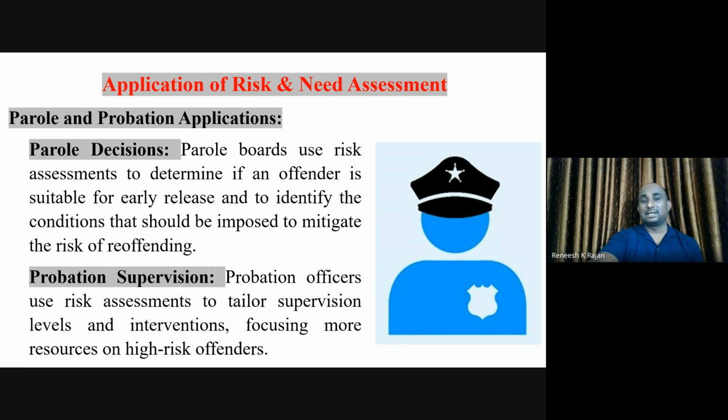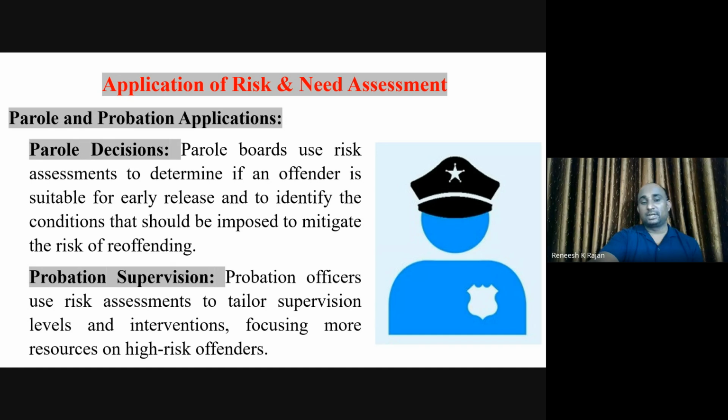If there are higher chances of committing offenses, meaning the risk is very high, then there is a threat to society or public safety. Giving parole to a person who is highly likely to commit an offense is a wrong decision, right? So in the parole board itself, they can do a risk and need assessment, and based on it, they can decide whether to give parole or not.